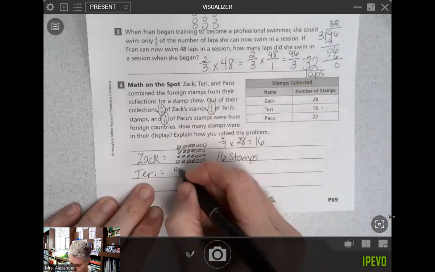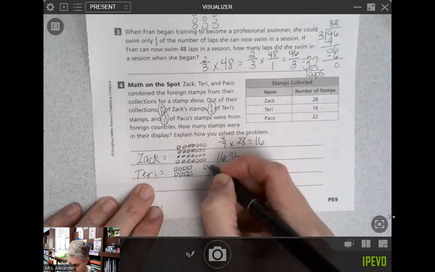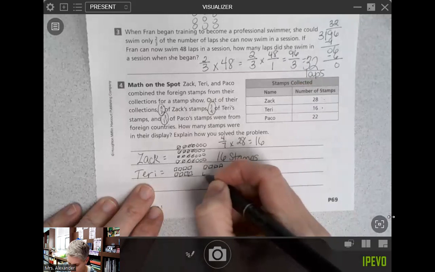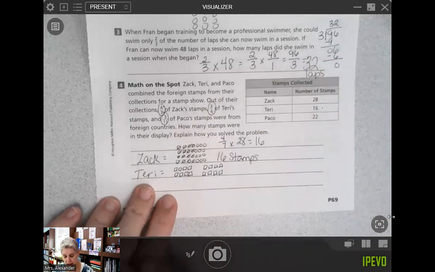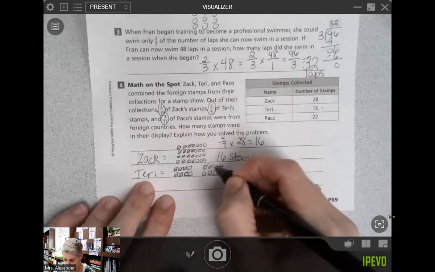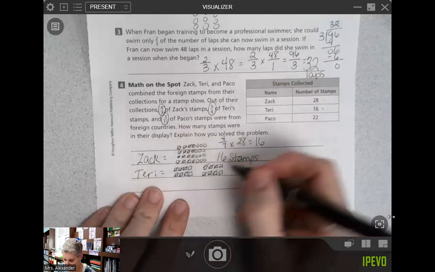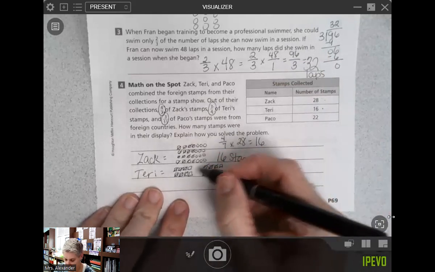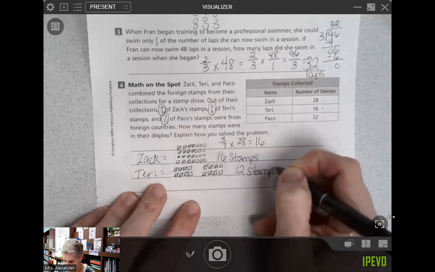So I have 1, 2, 3, 4, 5, 6, 7, 8, 9, 10, 11, 12, 13, 14, 15, 16. 3 out of every 4. Every group of 4, I am marking out 3. That would be how many stamps of Terry's? 3, 6, 9, 12 stamps from Terry's group.